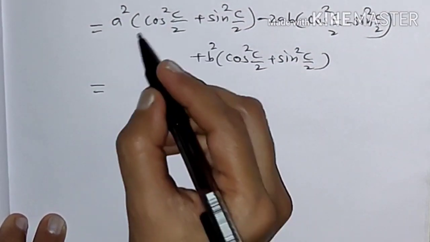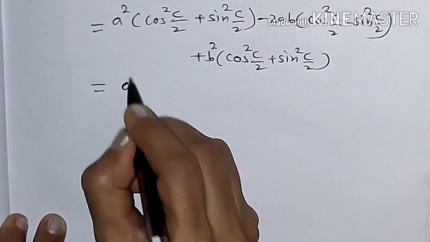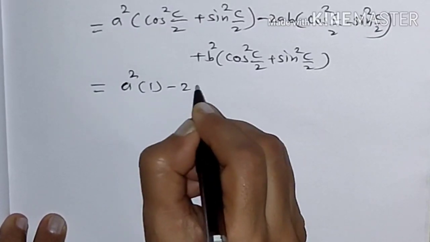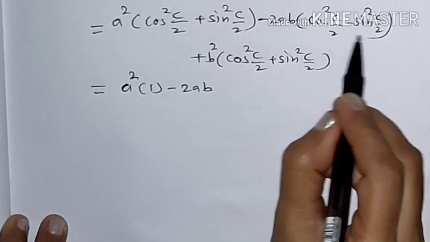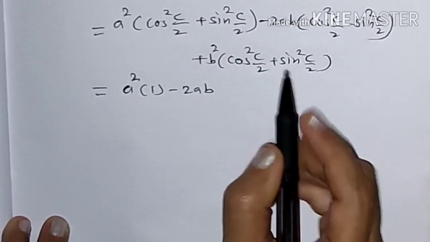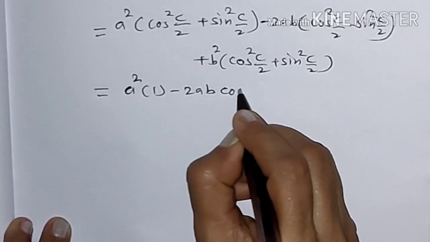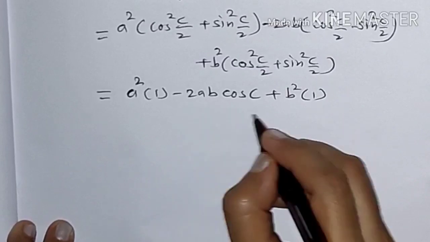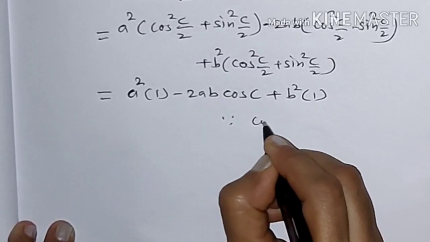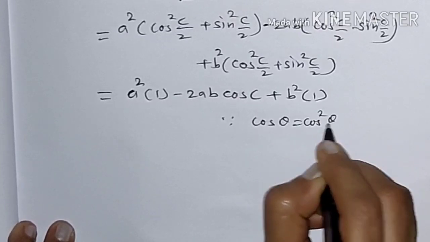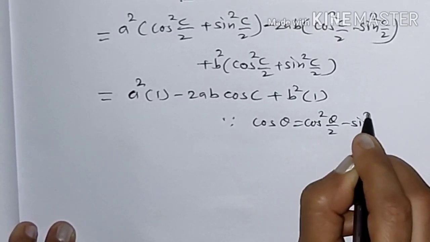Using the trigonometric identity, we can write this as a square into 1. Then minus 2ab into, here we can use the cos formula. Cos square C by 2 minus sin square C by 2 is nothing but cos C, plus b square into 1. We have used the formula cos theta is equal to cos square theta by 2 minus sin square theta by 2.